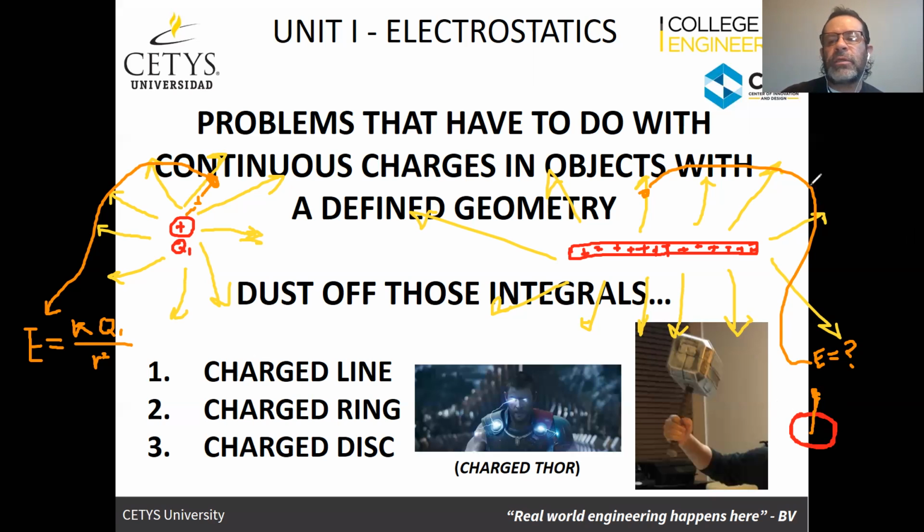And now let's also imagine that instead of a ring, I have a disc. I also want to know what the electrical field would be at a certain point located at a certain distance from the disc, and so on and so forth. I can have different geometries, and I want to know what the fields are.